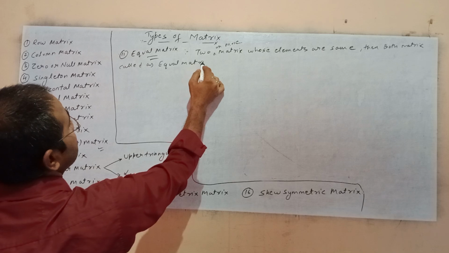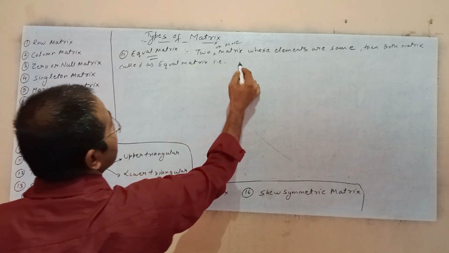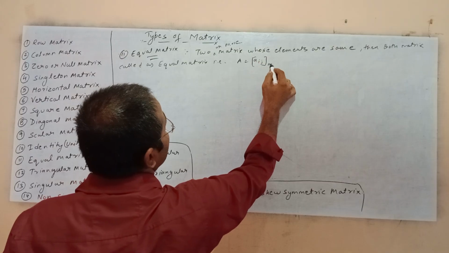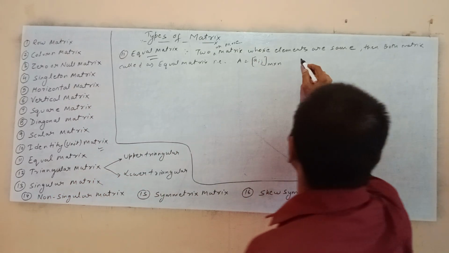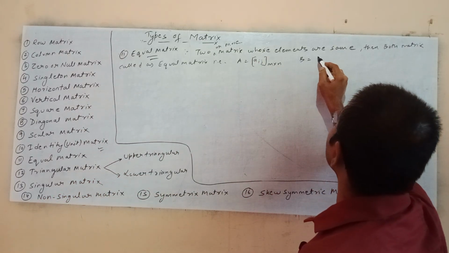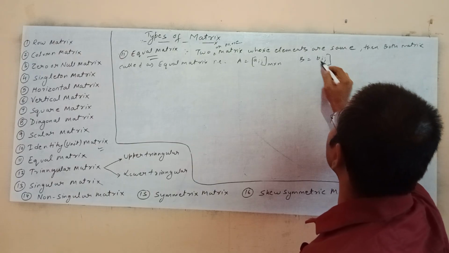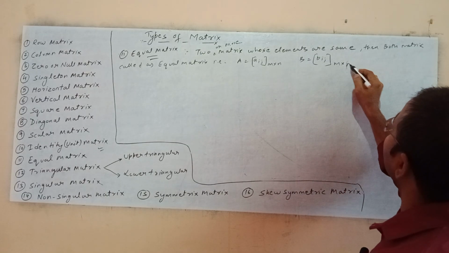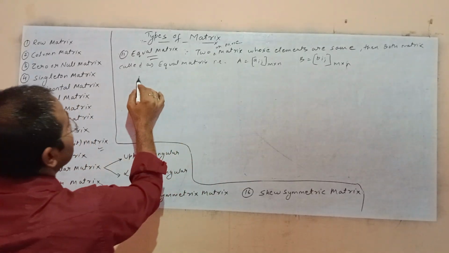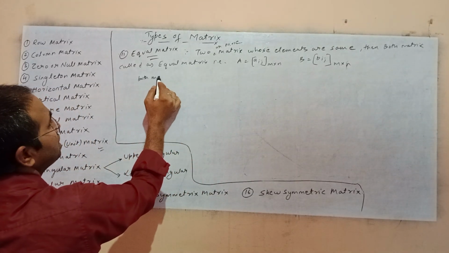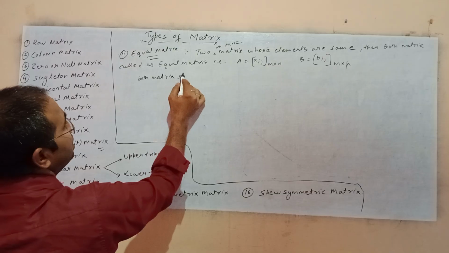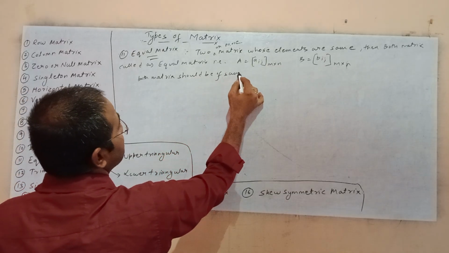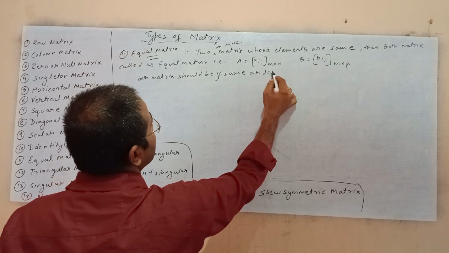Okay, in short you can define it as, suppose A is equal to Aij m cross n. Second thing, B is equal to Bij m cross n. The first condition is both matrices should be of the same order. Okay.